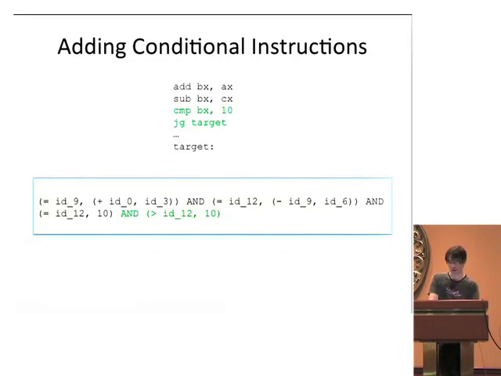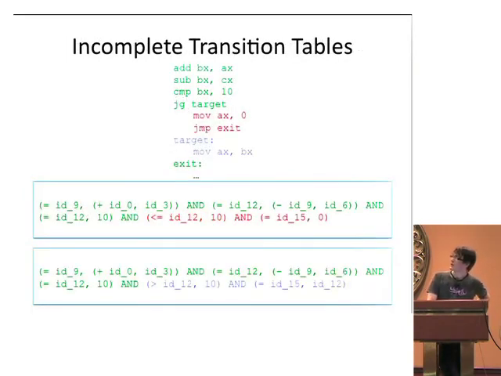As soon as you look at this, you start to consider what happens if this condition isn't taken, or what happens on the other side of that jump, which is basically one of the major downfalls of dynamic analysis, in that we end up with incomplete transition tables. In the red in this case, if the red is executed but not the blue, then we have a formula representing one possible path.